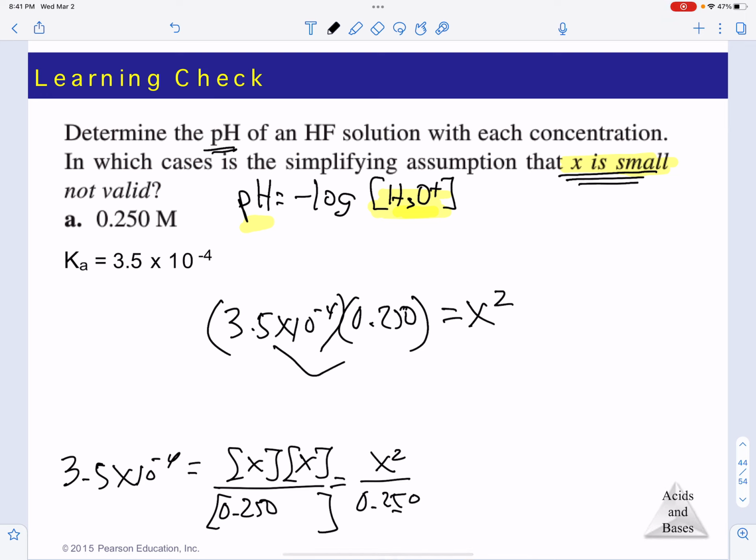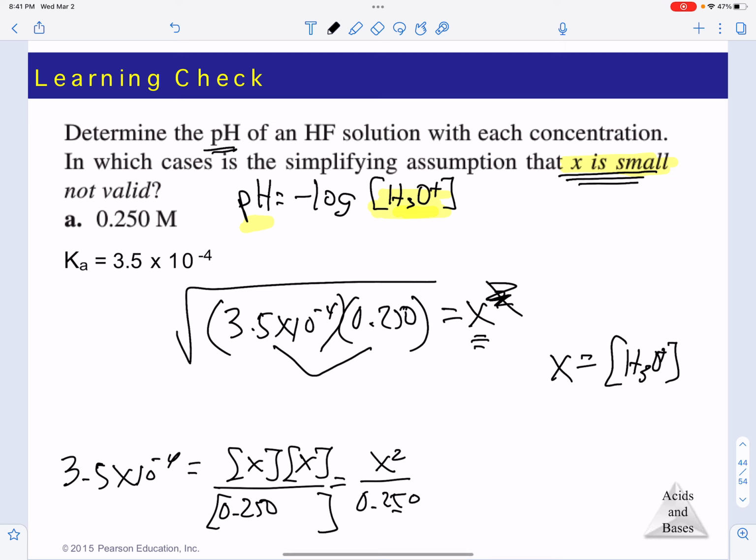You're going to do that multiplication on your computer, and then we're going to find the square root, and that would be our x. Once we have our x, remember, x was the same as hydronium. Once you get your x, then you can do minus log of x equals pH.